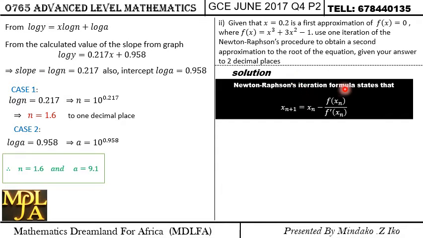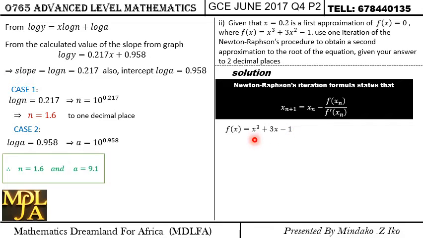The Newton-Raphson iteration formula states that if you are to obtain a next number, use the previous number minus f of that number divided by the derivative of that number. So x n plus 1 equals x n minus f of x n divided by f prime of x n. Okay, so that is it.